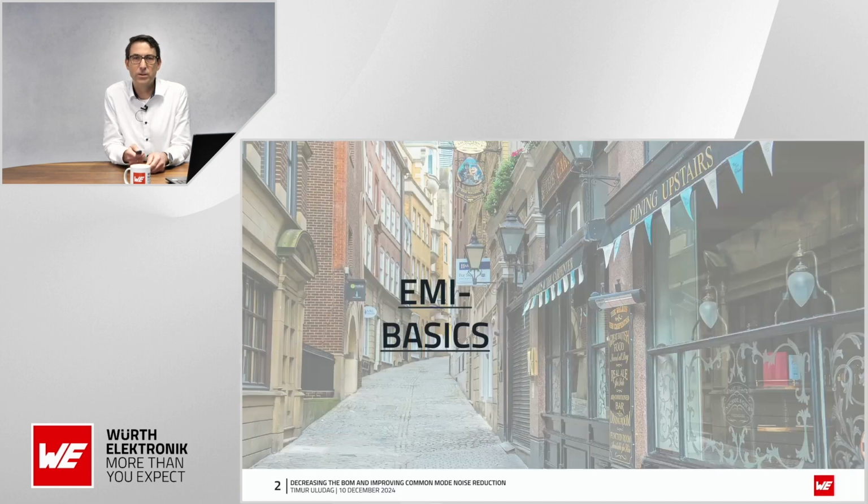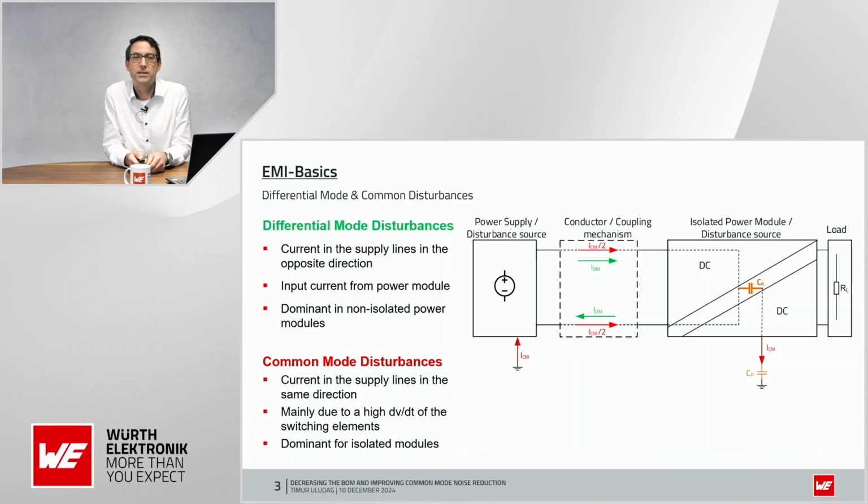So, first, EMI basics. Here you can see the schematic of an isolated power module. You have the power supply and here the load resistor. For further understanding, it is very important to understand the difference between differential mode and common mode disturbances.